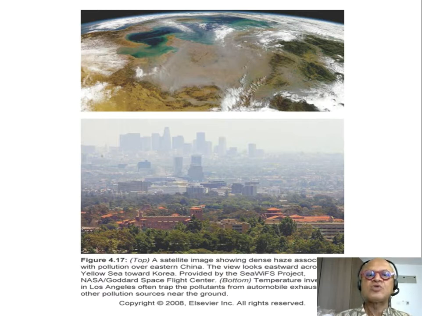This has a lot to do with mixing in with the dust storms from the Gobi Desert, local pollution, local urban heat islands, and so on. And the circulation in LA can also often trap the pollution created by automobiles and other sources near the ground. The fog, smog pollution can just hang around because it cannot be mixed away into the upper atmosphere. So that's a very good example.